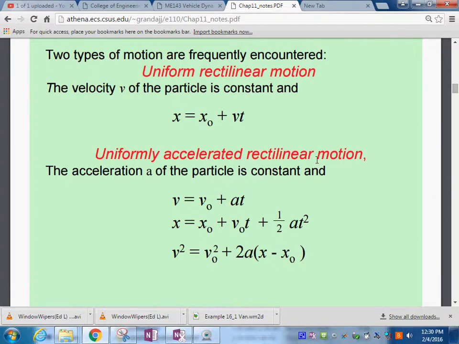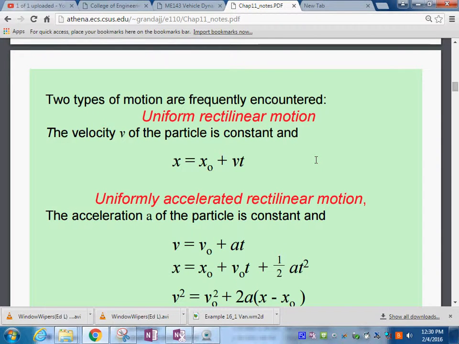And then we go to the equations of motion for different kinds of motions. The first one is that the velocity of a particle in uniform rectilinear motion is that the position is the original position plus the distance traveled when the particle had a velocity.